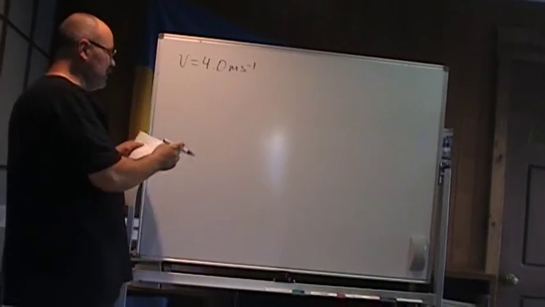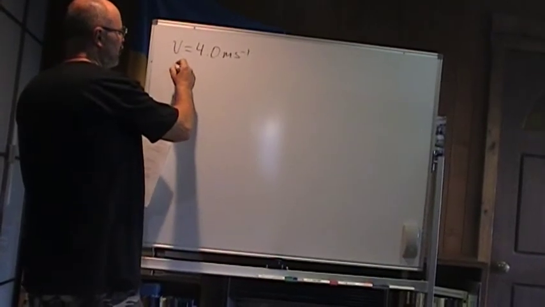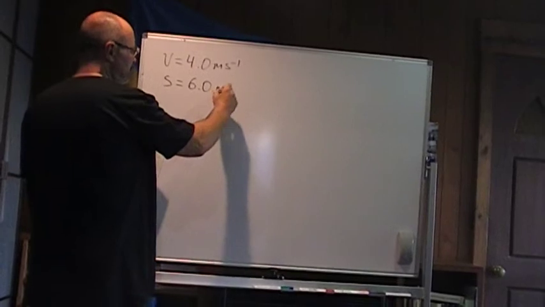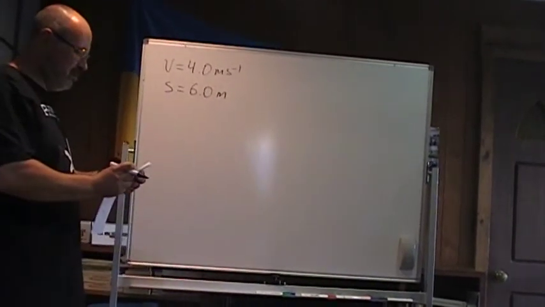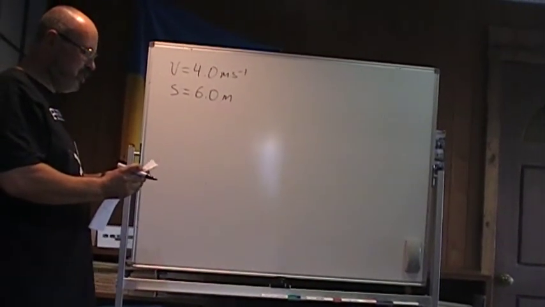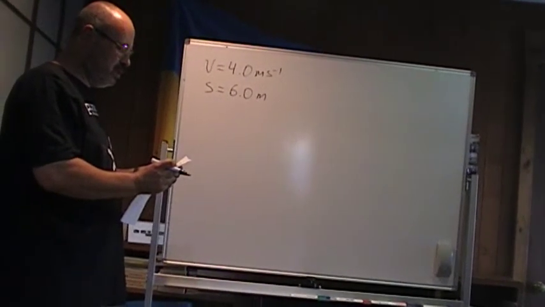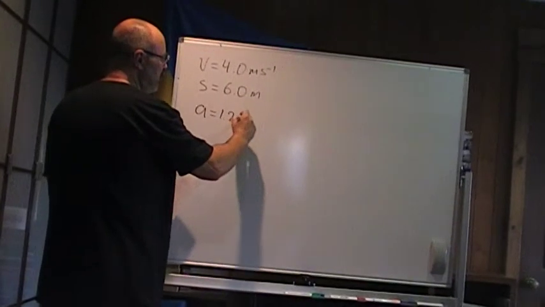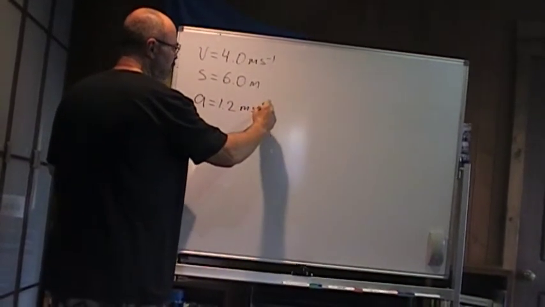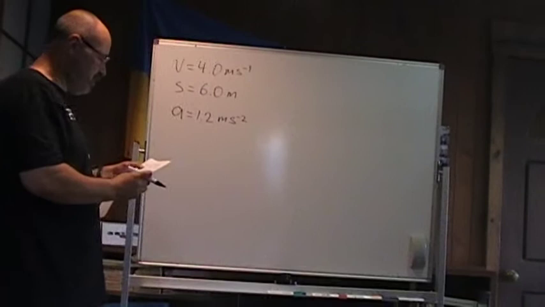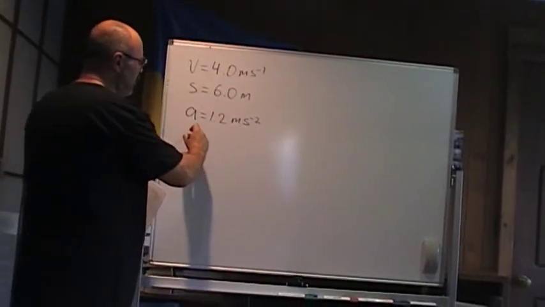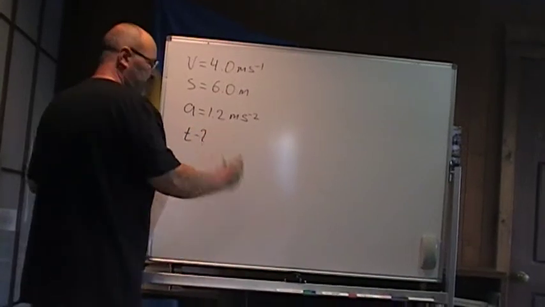When he is 6 meters behind the bus, the bus moves forward and continues with a constant acceleration of 1.2 meters per second squared. The question is, how long does it take for the man to get into the bus?